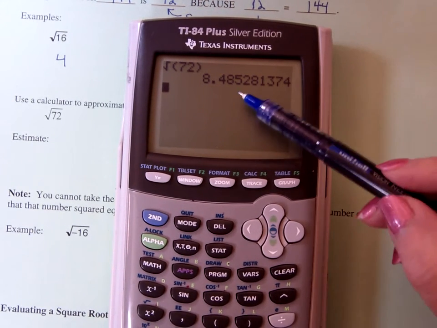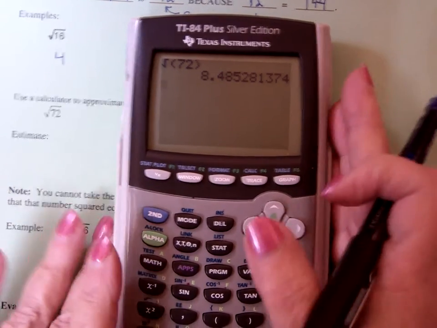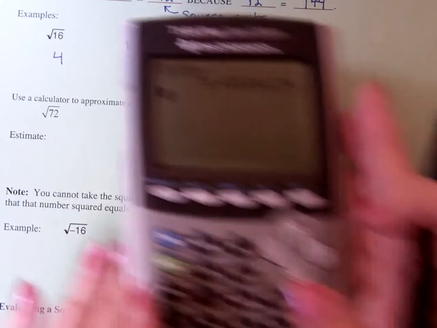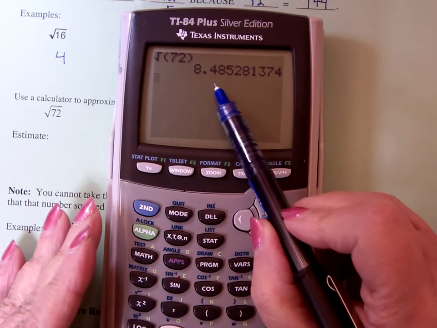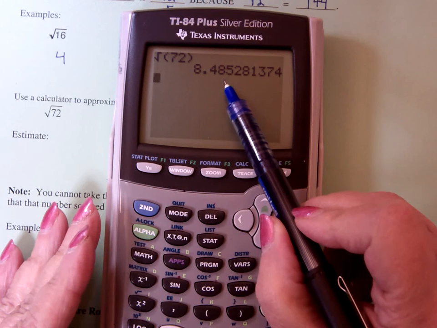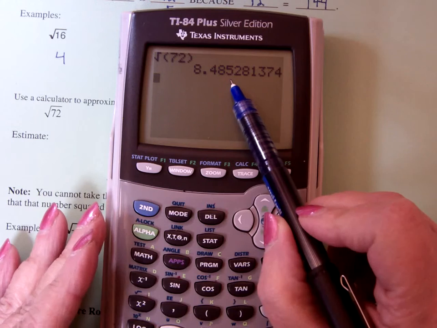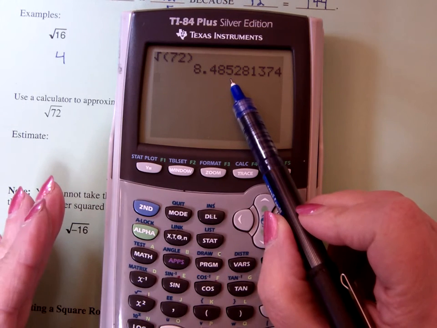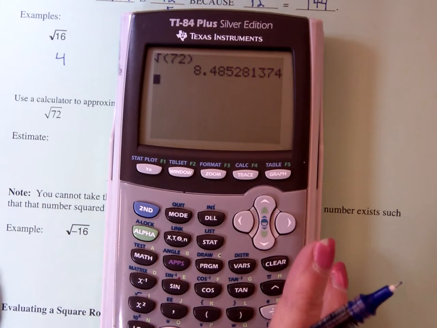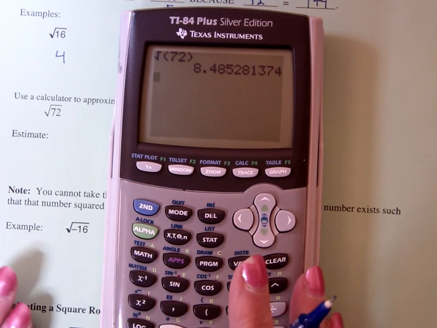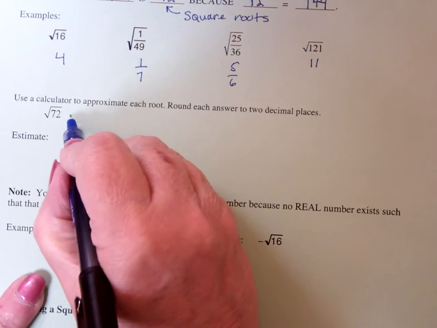And so when we start rounding, if we would say, how many decimal places did it say? 2 places. So I would round this to 8.49 because 5 is bigger than 4. 5 is where you would start rounding. So it would be approximately 8.49.